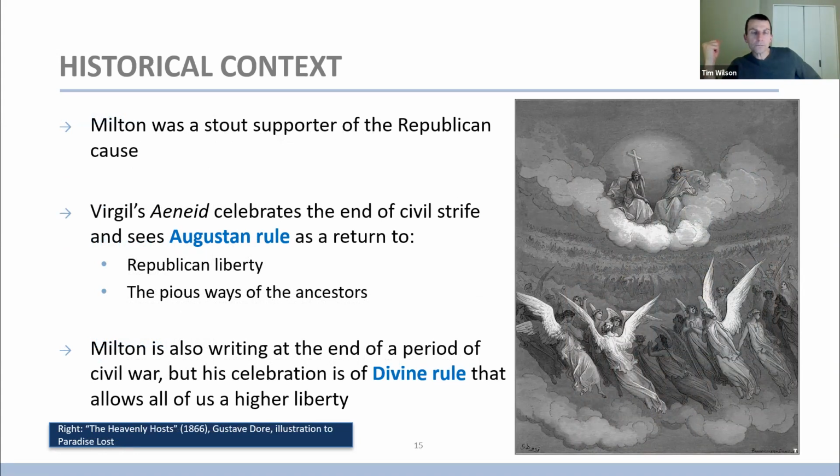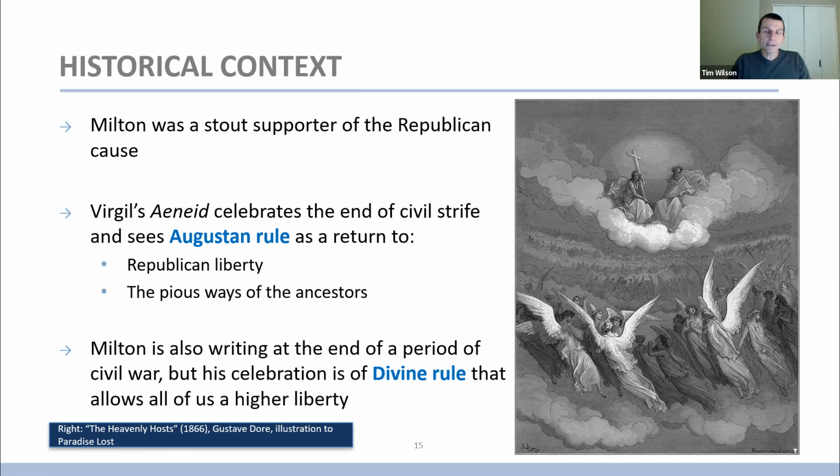So Milton's a stout supporter of this Republican cause, and was a member of this Republican government. Okay, so a fairly high-ranking member. So I like to think of Virgil's Aeneid, how it was written in the context of over 100 years of unending civil strife, and it was basically seeing Augustan rule, which we look at as the beginning of empire and of absolute rule by one man.